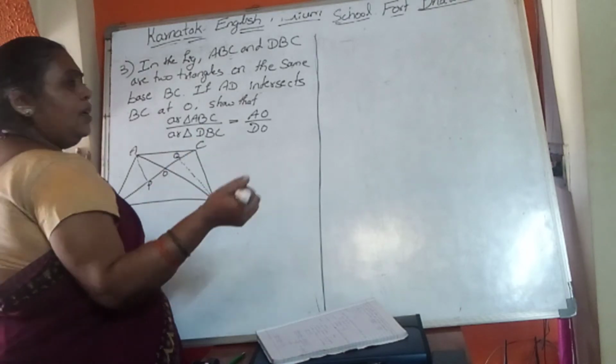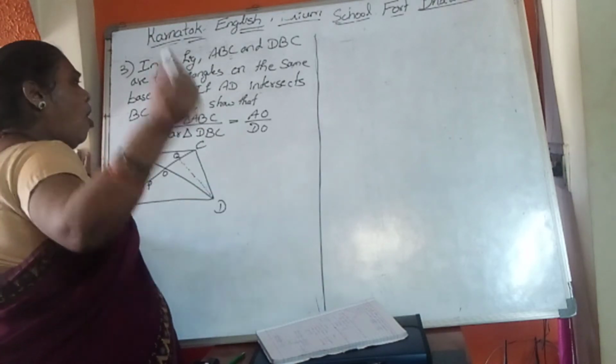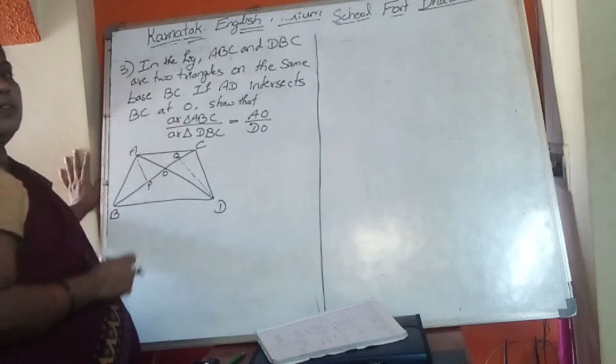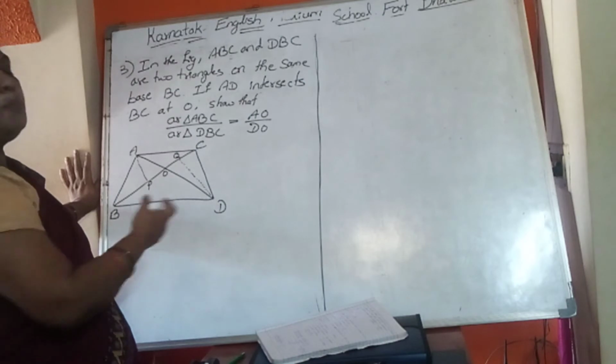What are they given? You only write given and to prove. So I'll do the direct process, means proof.